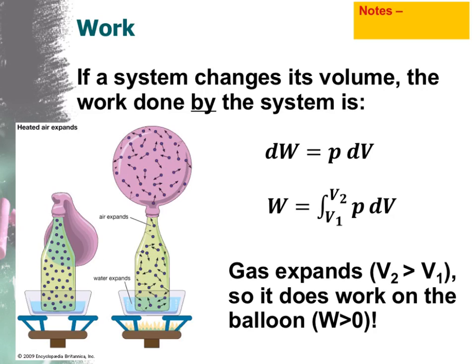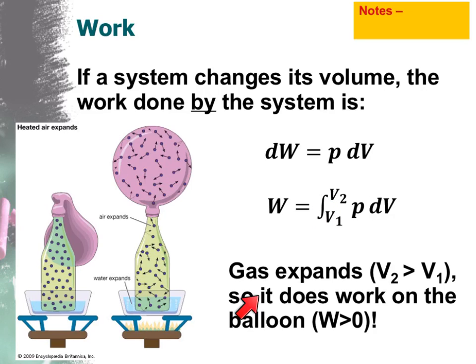And the way that we calculate that amount of work done is by using this differential equation. We say that an infinitesimal amount of work done, dW, is equal to the pressure of the gas times an infinitesimal increase in its volume, P dV. And if you were to take the antiderivative of both sides here, you would get the amount of work done is equal to the integral of P dV, beginning at its starting volume, ending at its finishing volume.